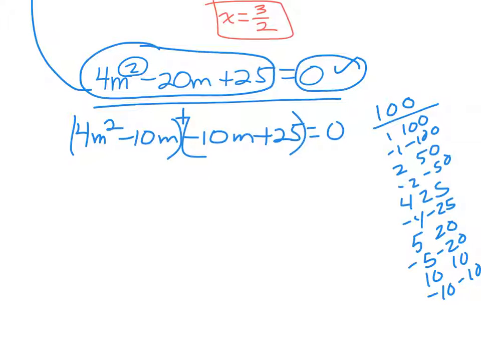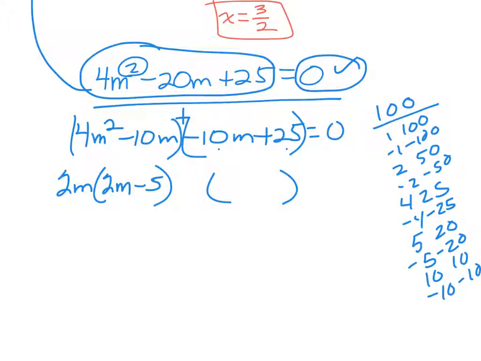Out of 4m squared and 10m, we could factor out a 2 and an m, which would leave us with 2m minus 5. We'd like to be left with another 2m minus 5 in the second set of parentheses, which means we're going to have to factor out a negative because these two signs are going to have to switch.